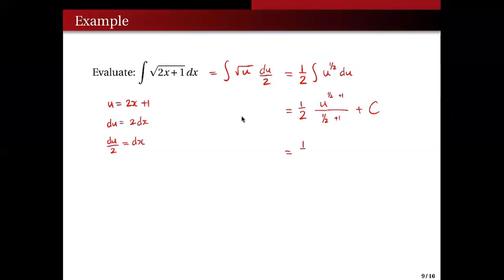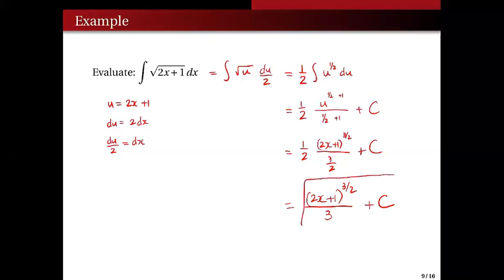So in here you have 1 over 2 times 2x plus 1 raised to 3/2 divided by 3/2 plus the arbitrary constant c. And if we simplify this, we'll just have 2x plus 1 raised to 3/2 divided by 3 plus c. Okay? Are we good?